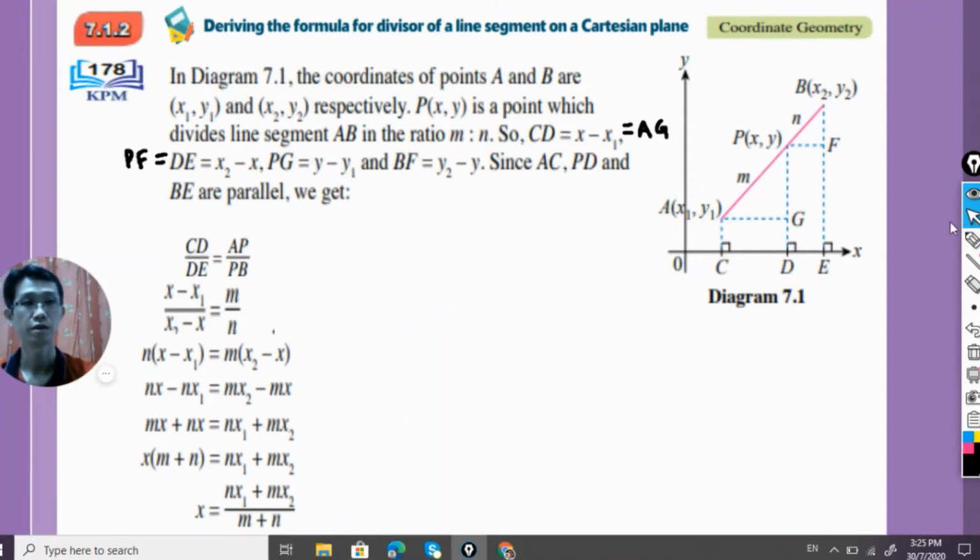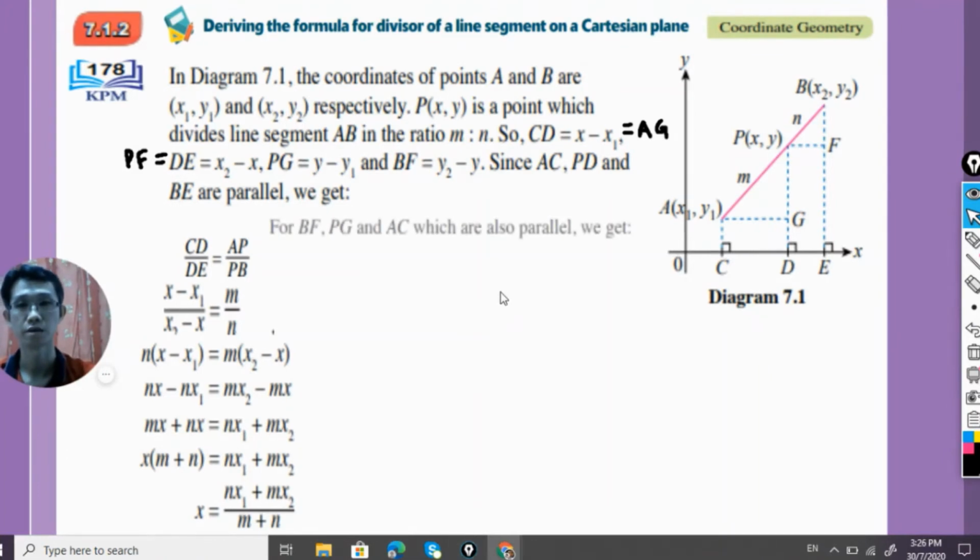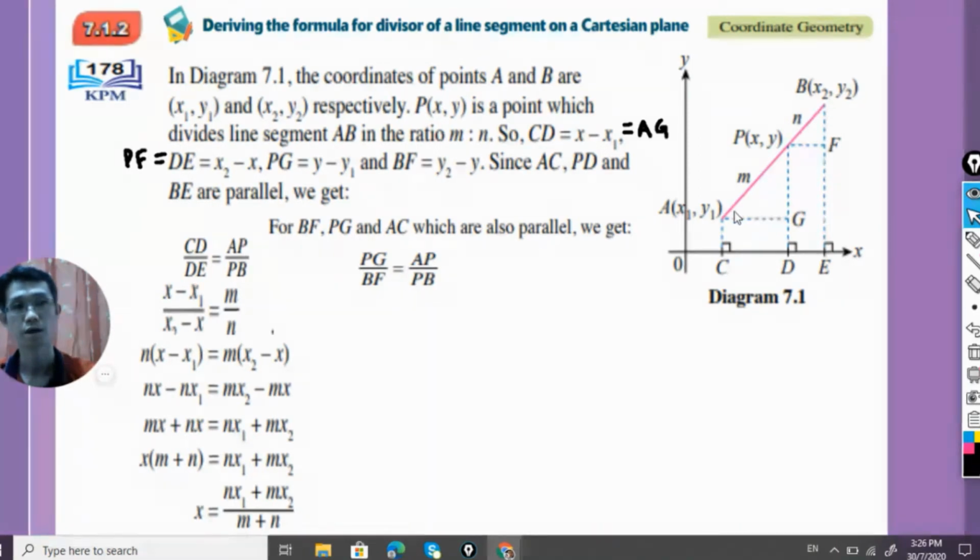Using the same method, we can get the coordinate y of point P through the properties of similar triangles, where we apply the ratio of the pair of sides PG over PF, which should be equal to AP over PB.